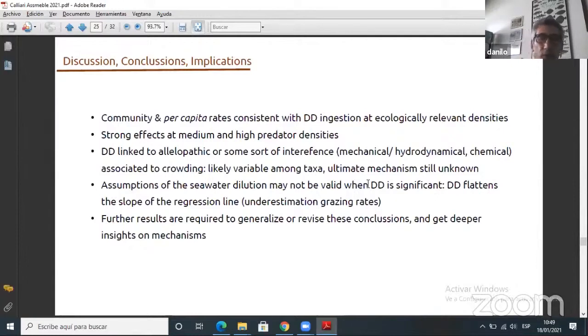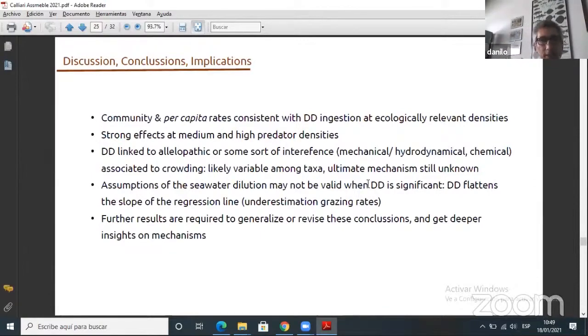However, the ultimate mechanism is, of course, unknown. The microzooplankton is composed of multiple, very different taxa in terms of their biology, ecology, and feeding modes, so there probably is not a unique mechanism, but a combination of several that give this aggregate pattern that we saw in our experiment.